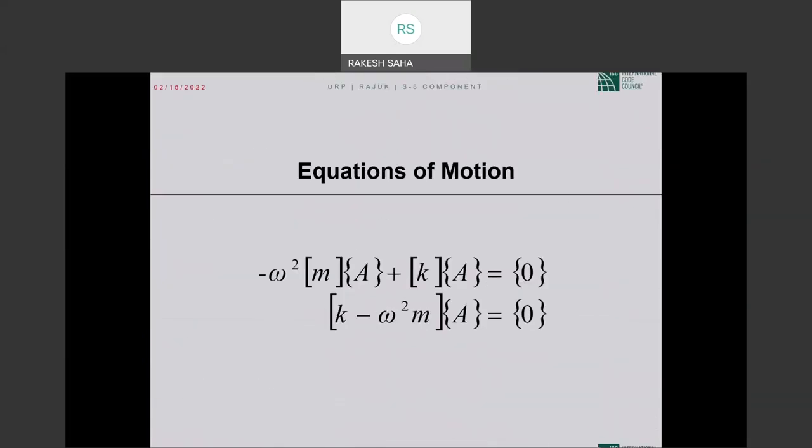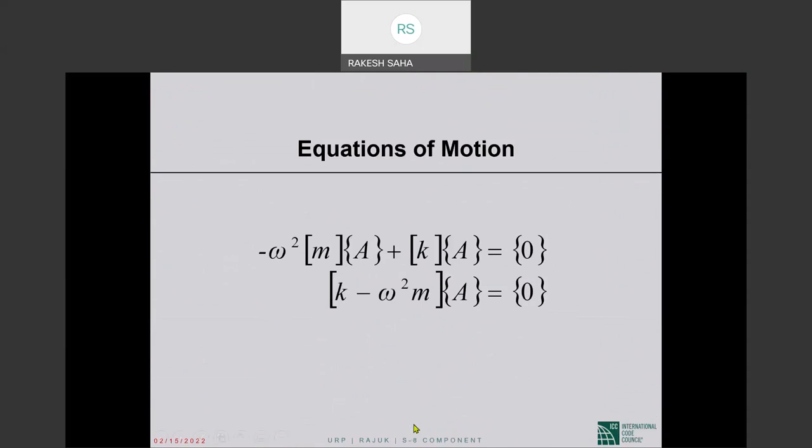If we substitute for the accelerations and the displacements, the displacements are k times A, the accelerations are negative omega squared m times A. The acceleration is negative omega squared times A, and the displacement is A, and since the right hand side is 0, the sine omega t does not have any significance.